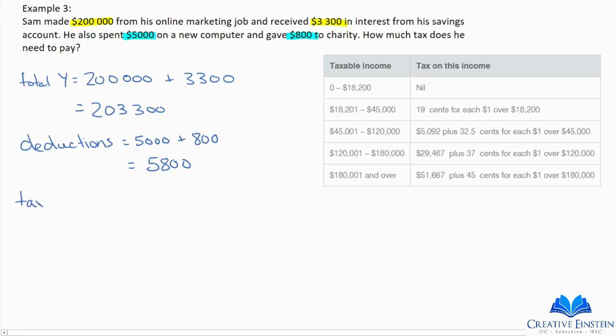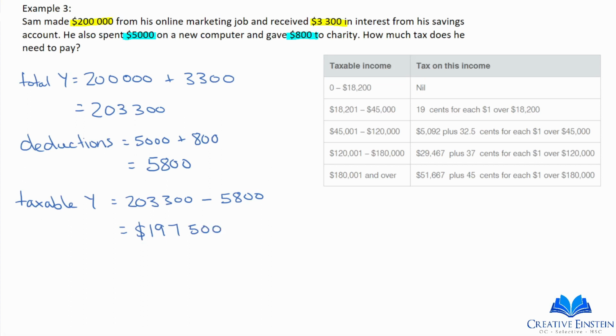Next step is to work out his taxable income. That is $203,300, take away his deductions, $5,800. If we plug that into the calculator, we'll get $197,500.